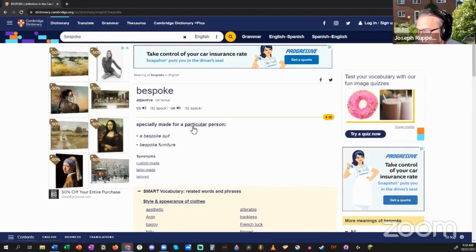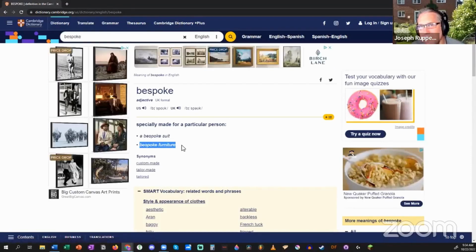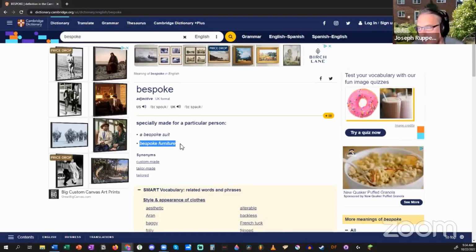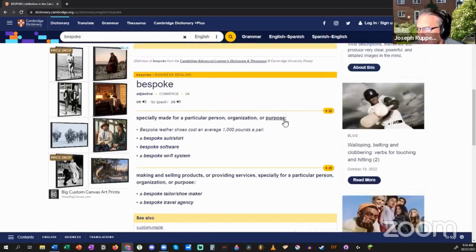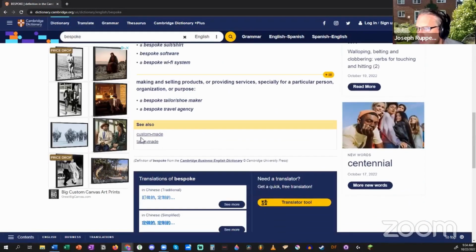It means specially made for a particular person. A bespoke suit means it's specific, just like tailored. It's designed just for that one person. Bespoke furniture, the same thing, a chair or sofa that's made just for that one person. Same thing, specially made for a particular person.